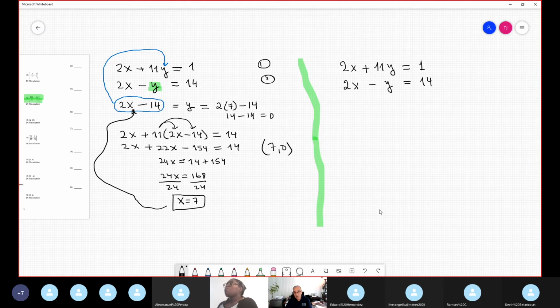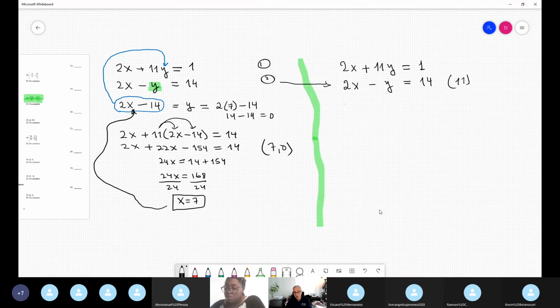So one possibility is multiply the equation number 2, this one, by 11. If you multiply the entire equation by 11, then we have positive 11 and negative 11. Wow, ready for elimination. This is the only possibility? No, no, no. Another possibility, 2 positive and 2 positive, you multiply by negative 2, it's the same. I don't know exactly what's the best way, but let's do it this way. I need to make a decision.